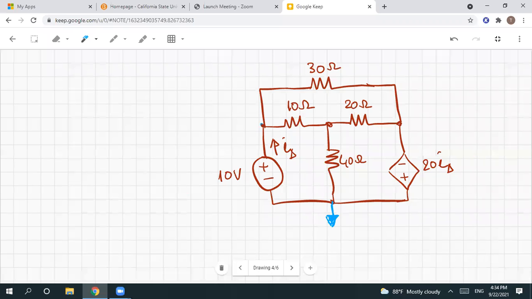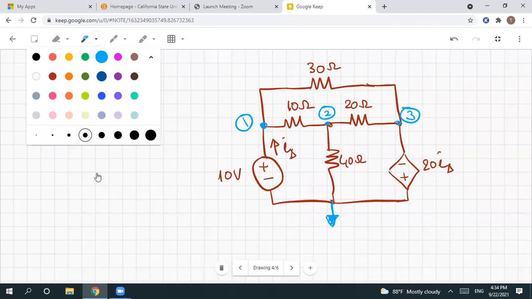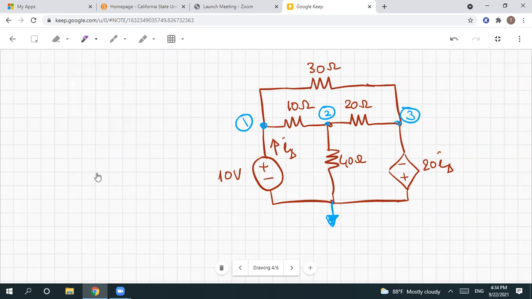And I will label the essential nodes as 1, 2 and 3. And I see that V1, do you see how much is V1?